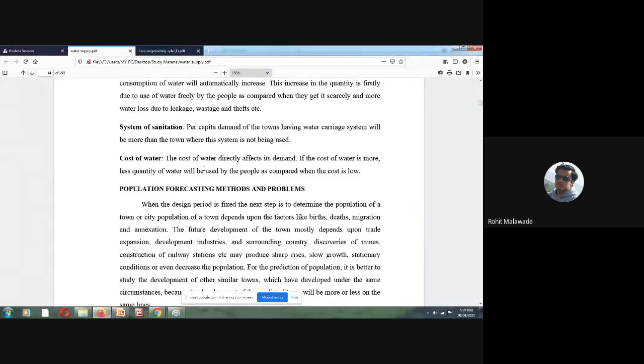From the next class, probably we may deal with the problems with the fire demand, and we may deal with the theoretical part of the population forecasting. Though we deal with it theoretically, we will be learning some formulas for how to calculate the population forecasting.